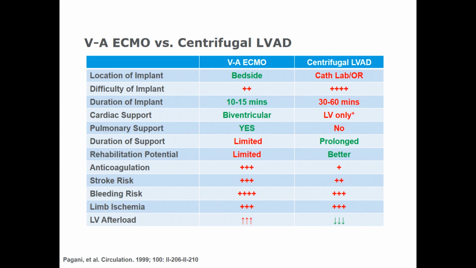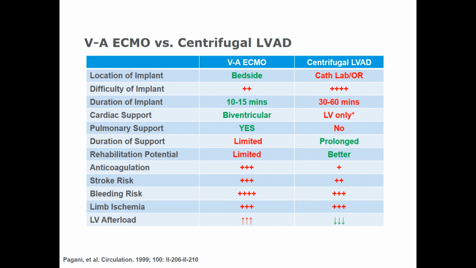Well, in general, this is defined by a number of considerations, including the expertise at your center, the urgency of and need for support, whether it needs to be done immediately at the bedside or whether there's time to activate the cath lab or OR staff, the complexity of implantation and the implications of that time delay for getting support to the patient, the anticipated length of support, whether both ventricles or only one ventricle need to be supported, and whether or not, importantly, there's a need to support oxygenation in addition to cardiac output.